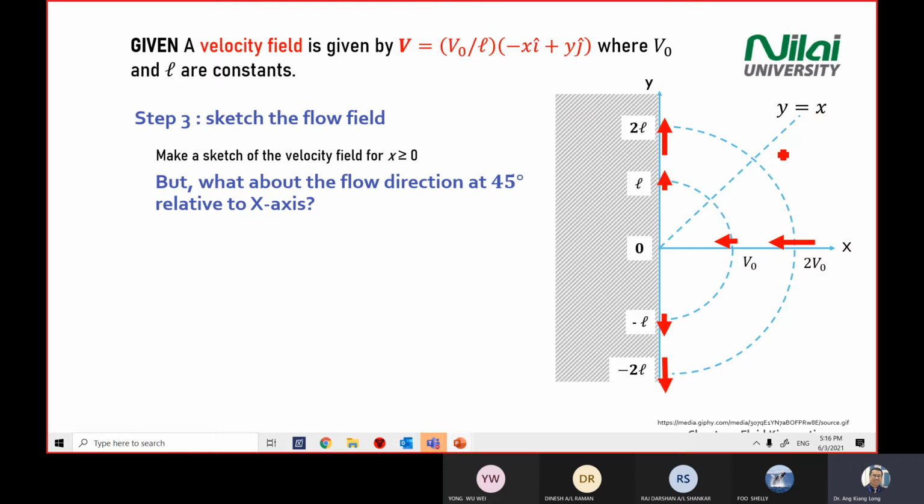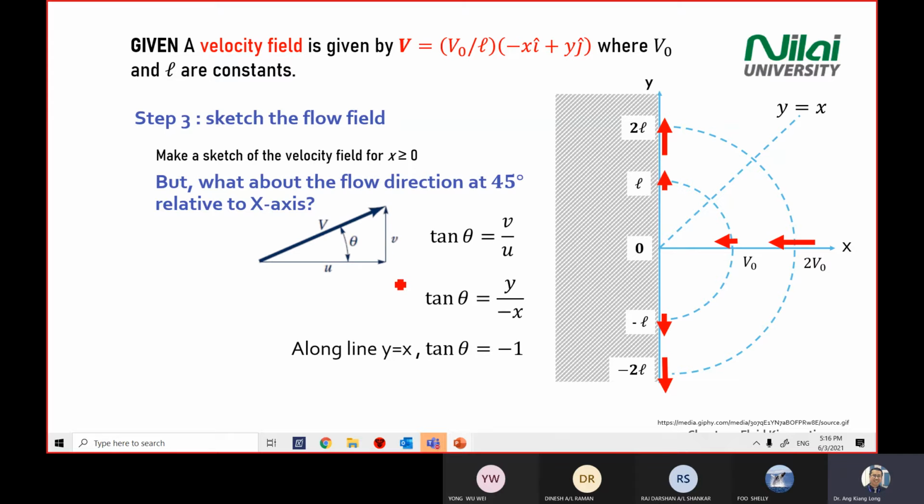If you don't understand why we can write y equal to x for a line at 45 degrees from the origin, go and flip your calculus textbook and find out why. All right, a simple equation.